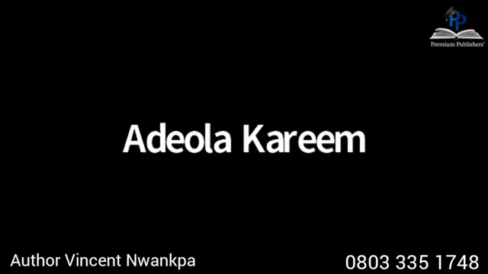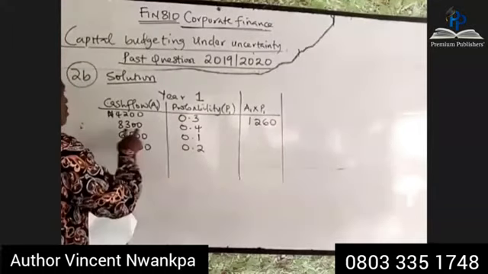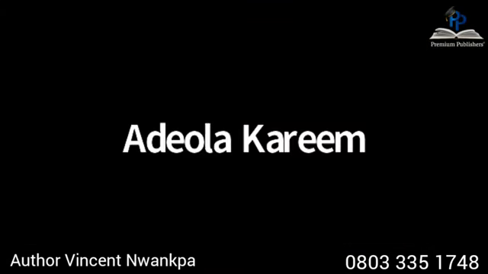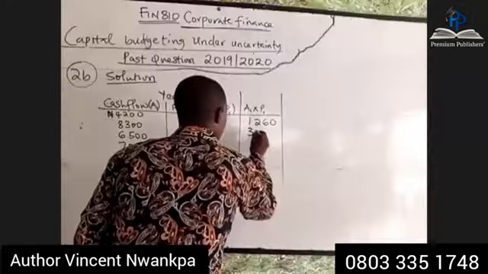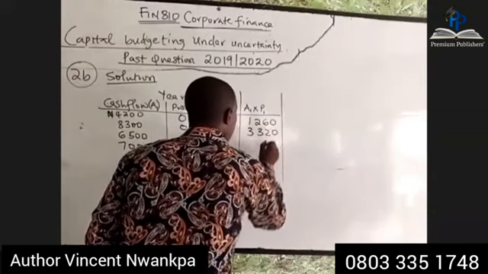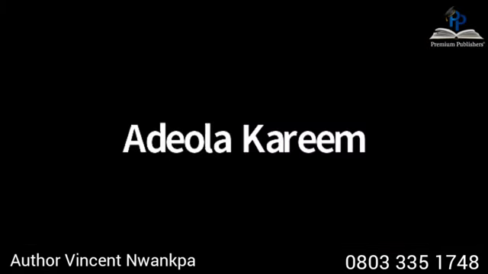That gives 1,260. Second, 0.4 times 8,300 is 3,320. Then 0.1 times 6,500 is 650.